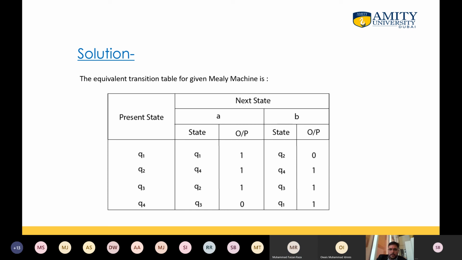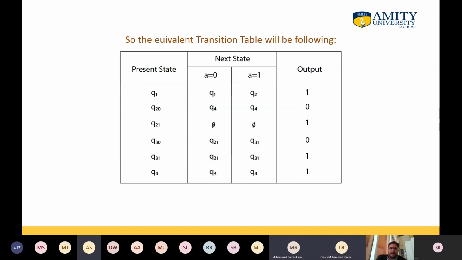Q2. What was the next state with input A? Q4. Both places it was Q4. Yes. So even if you are not writing null here, both places you can write Q4, Q4.